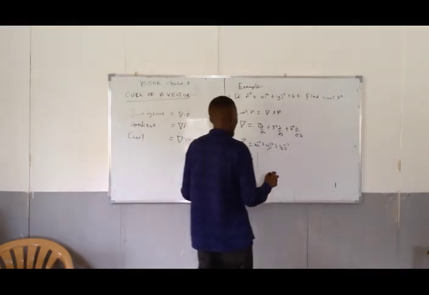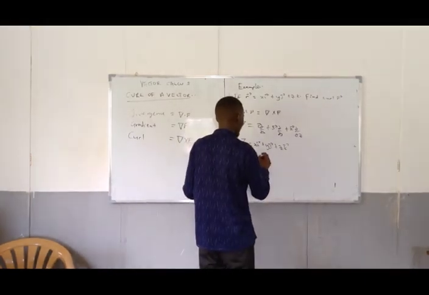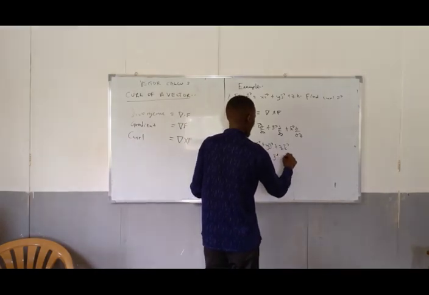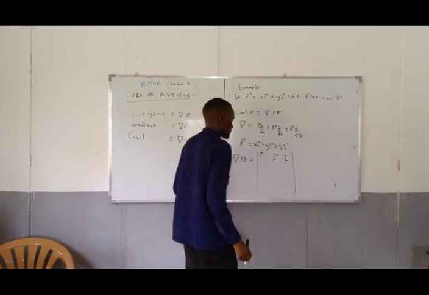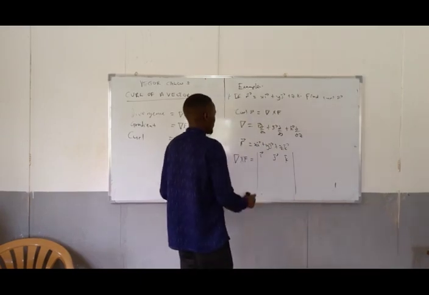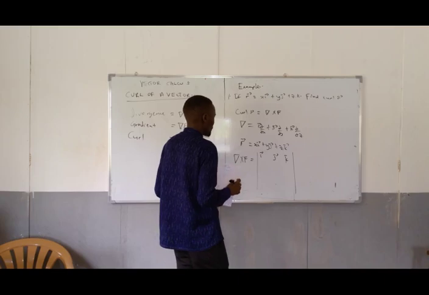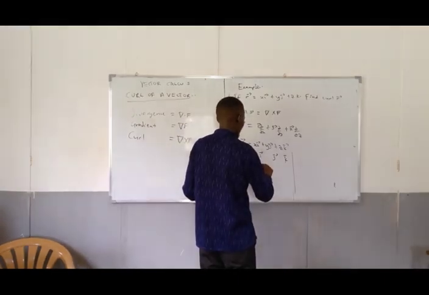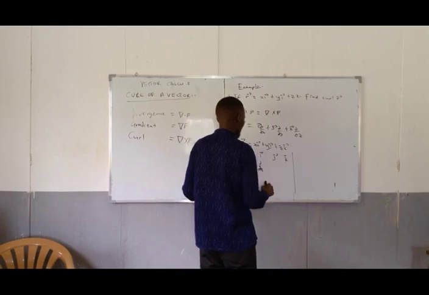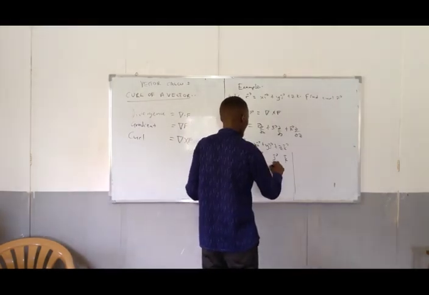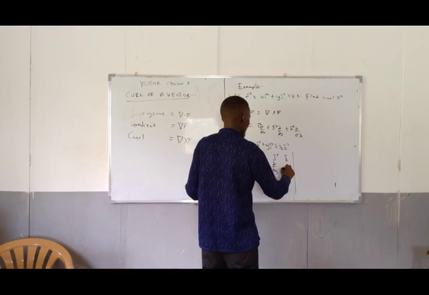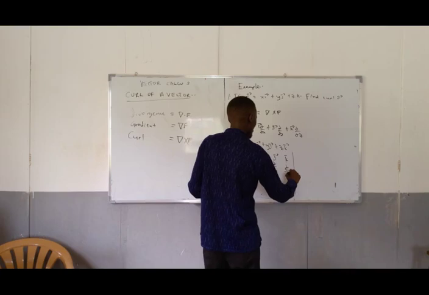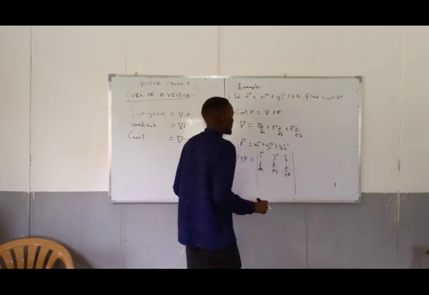Now we're going to put it in table form whereby we have i, j, and k. Now for the part here, in the i direction we have the partial derivative with respect to x, in j we have the partial derivative with respect to y, then you have the partial derivative with respect to z.